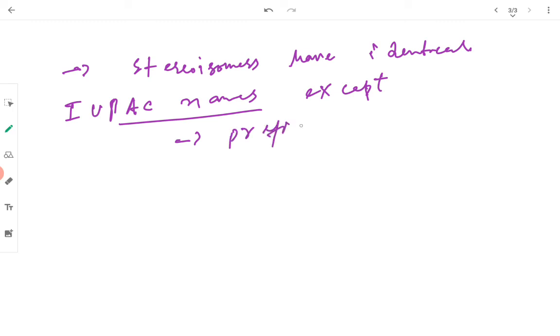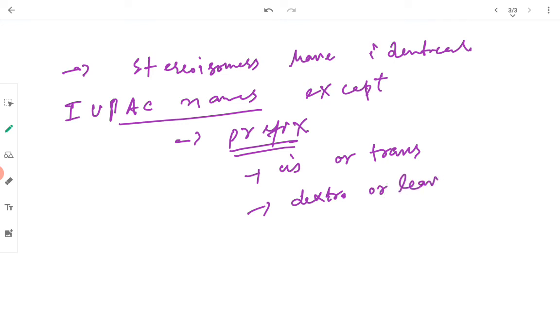You have to add some prefix to it, like cis or trans, or you have to add dextro or levo. The name of the compound will remain same.